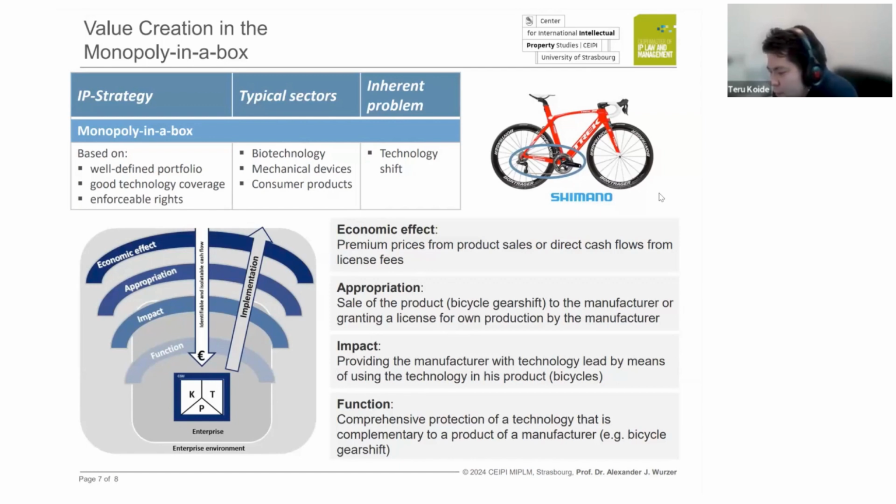In the result, a premium price from product sales and also direct cash flow obtained from the license fee is generated, which is the corresponding economic effect.